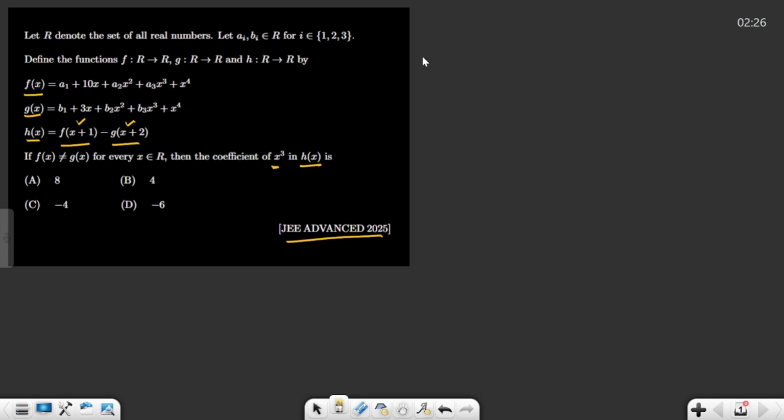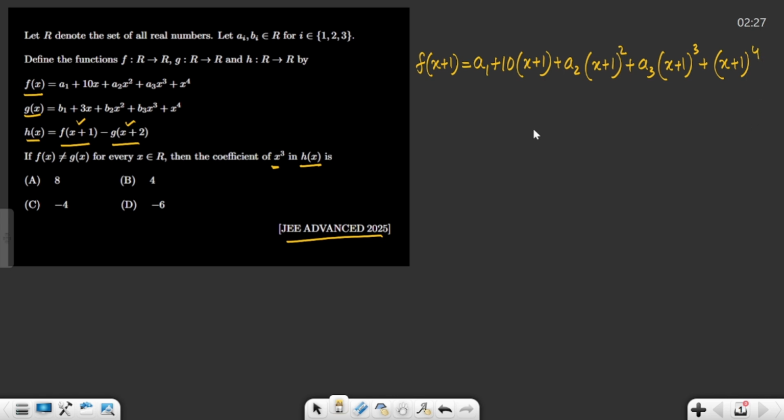So let us write f(x+1). This can be written as a1 plus 10 into (x+1) plus a2 into (x+1) whole square plus a3 into (x+1) whole cube plus (x+1) whole to the power 4.